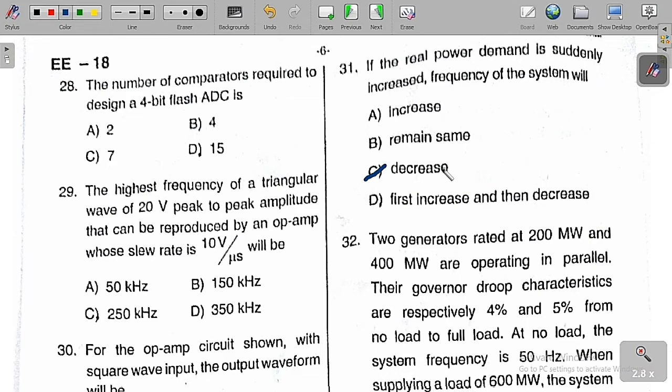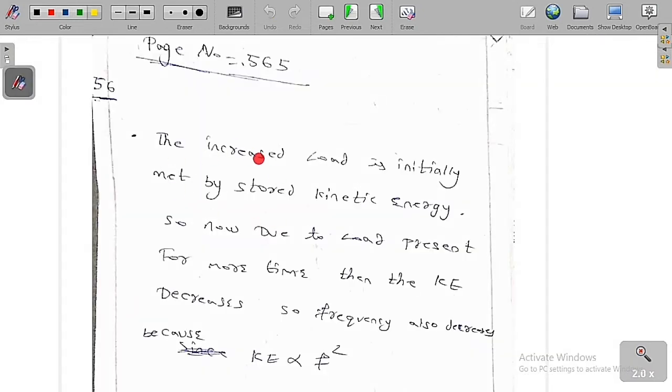Now let us discuss something more about this one. You can see clearly here, the increased load is initially met by stored kinetic energy in the rotor.